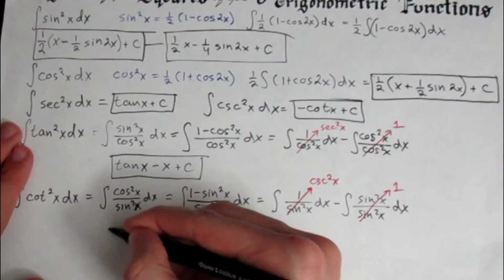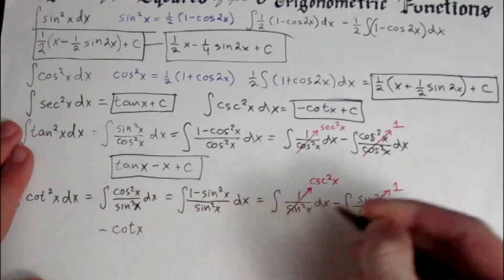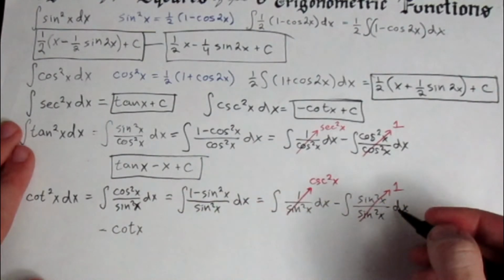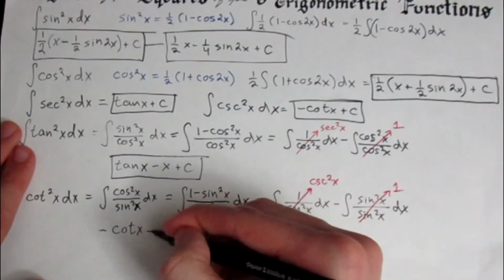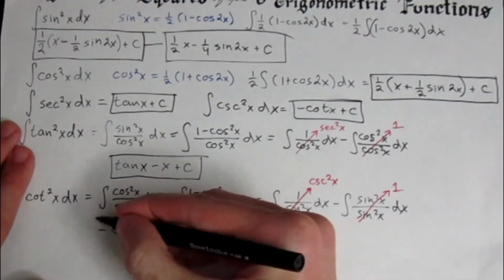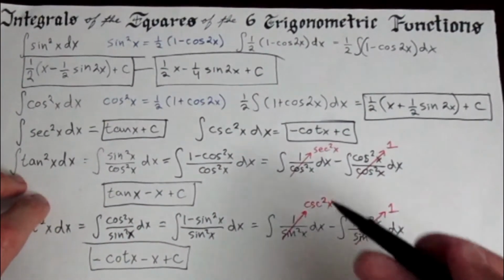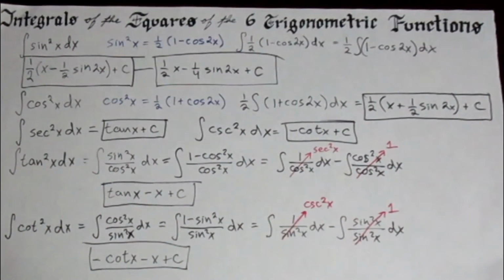So we have negative cotangent x minus the integral of 1 with respect to x, which is x, plus c, because it's an indefinite integral. That is the answer, and those are the integrals for the squares of the 6 trigonometric functions.